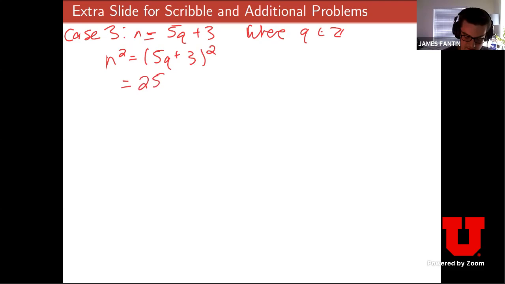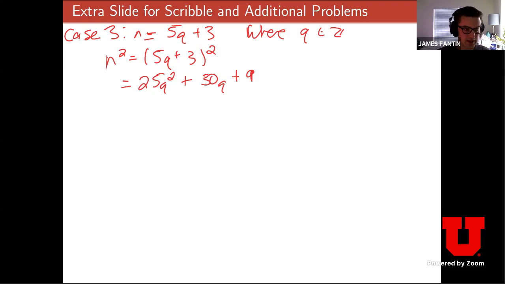That's 25q squared plus 30q plus 9. And this case is a little bit tricky, because we could just follow the previous problems, factor out the 5, and we'd end up with 5k plus 9. And that's not what we wanted. We wanted 5k plus 4 or 5k plus 1.